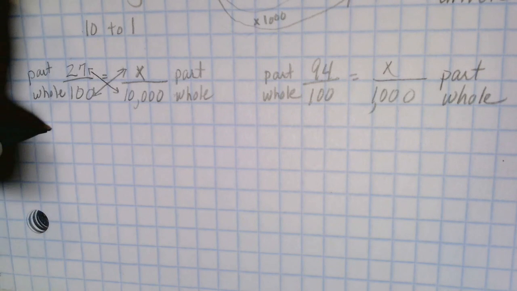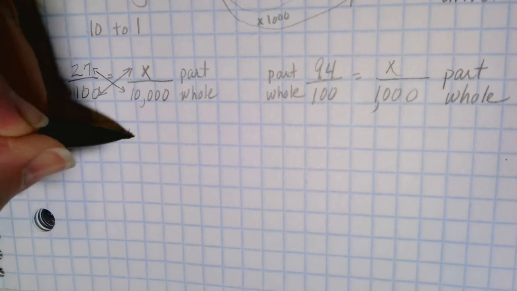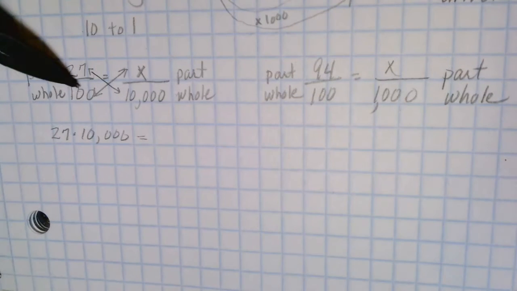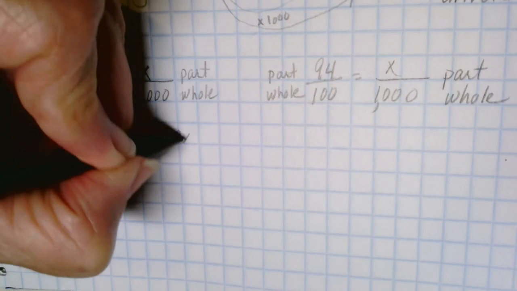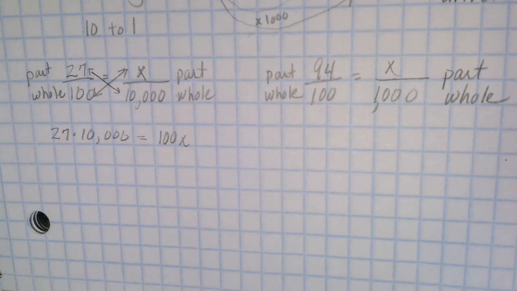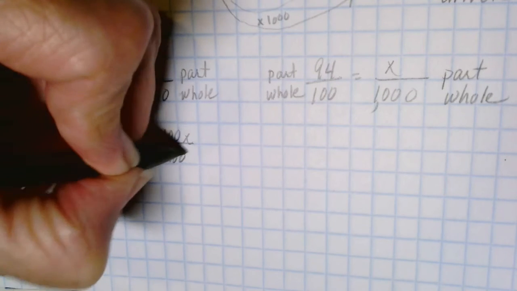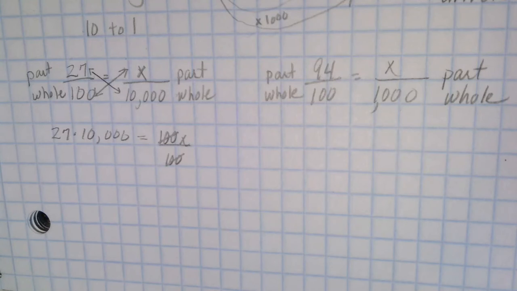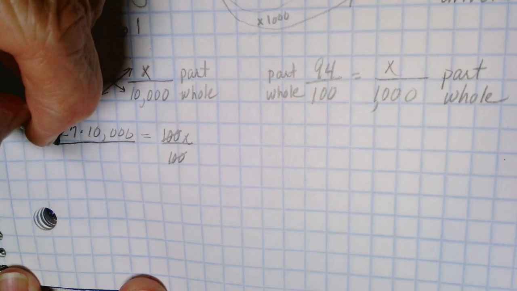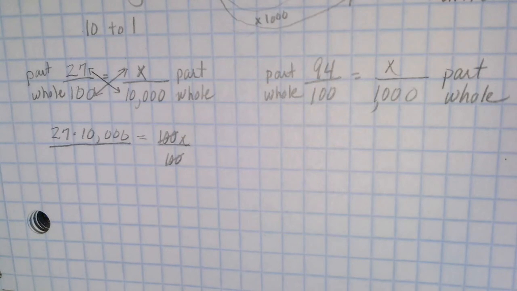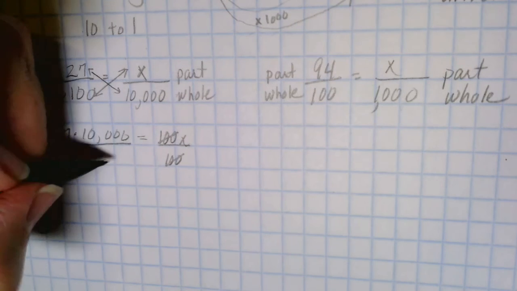27 times 10,000, and set that equal to 100 times x. Isolating the x, I'm going to divide each side by 100. And the reason I'm dividing by 100 right now is so that I can save myself a step later.